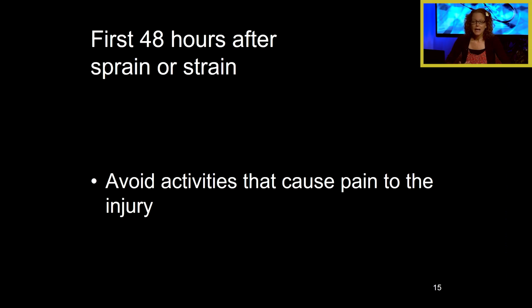The nice thing about approaching a sprain or a strain is that we don't necessarily need to know exactly what happened. Was it a muscle? Was it a tendon? Without going to the doctor and probably getting an MRI or other studies, we're not going to know.